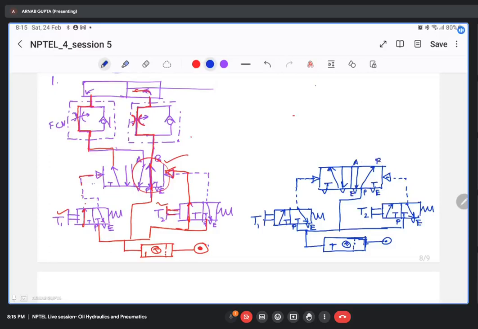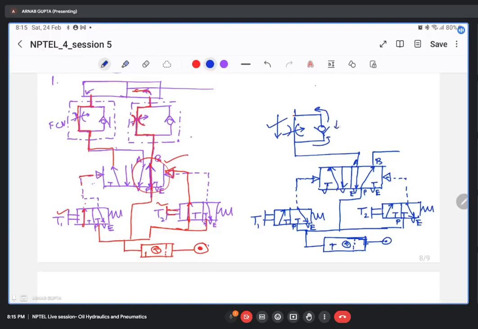This is your A and B. Now you have to do the metering, but you have to keep in mind that your outflow is metered rather than the inflow. So you should be placing your NRV like this, so that the inflow is not metered, but the outflow is metered.